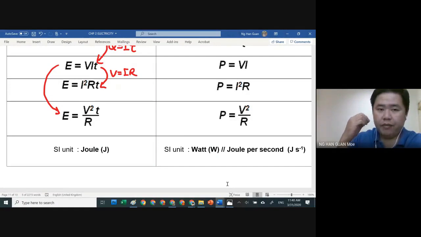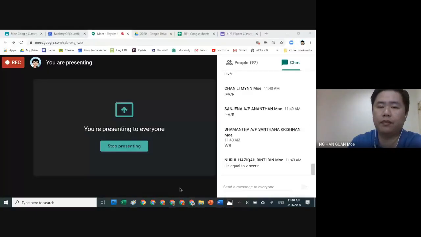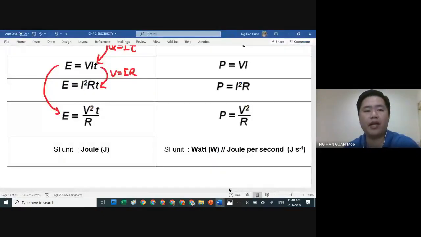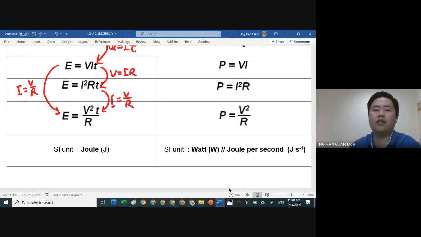Any idea? Okay, I is equal to the V over R. Yes, so I equal to the V over R. Right, so this one we apply I equal to V over R. Same as here, if you want to change from here also same, you apply I equal to V over R. Okay, so when you substitute, then you will get V squared T over R.